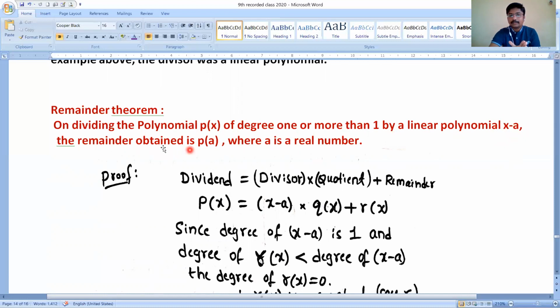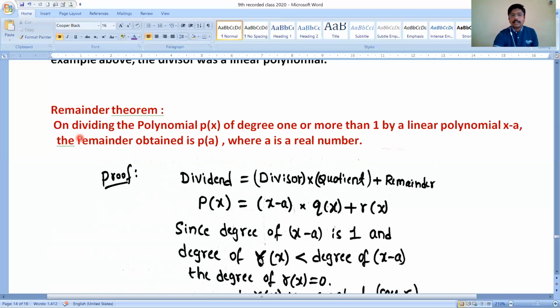What it states is that on dividing the polynomial p of x by a linear polynomial g of x, you will get the remainder as p of a. Whatever linear polynomial x minus a you consider, that a gives the remainder p of a.